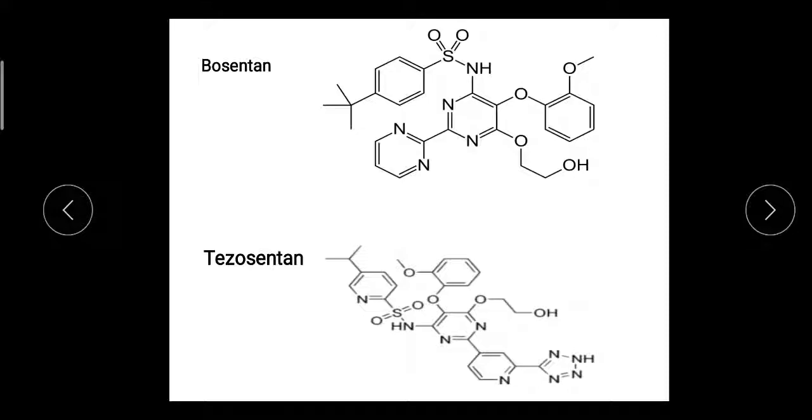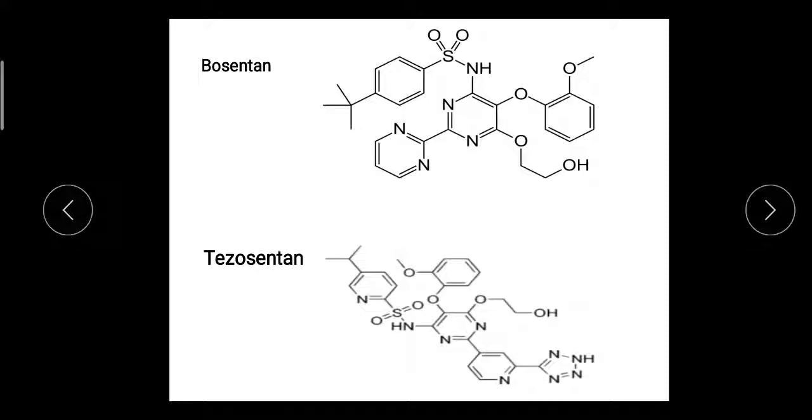The use of bosentan with cyclosporin is contraindicated because cyclosporin A has been shown to markedly increase the serum concentration of bosentan. The elimination of bosentan is mostly hepatic, with minimal contribution from renal and fecal excretion.